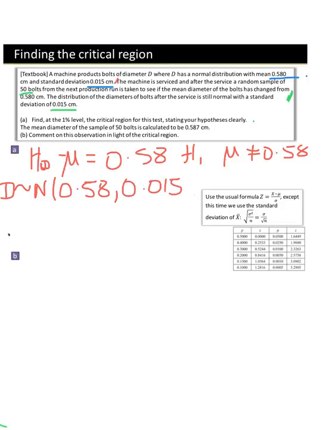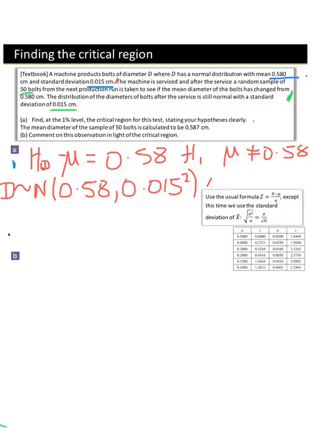And remember, that means it's inside the bracket 0.015 squared. And this is our population distribution, assuming that the null hypothesis is true.